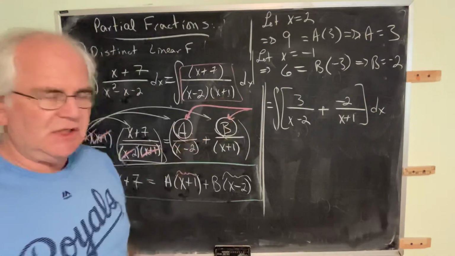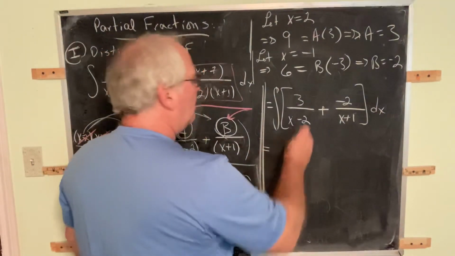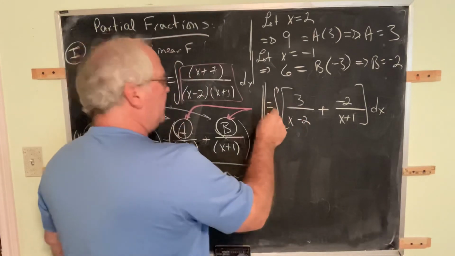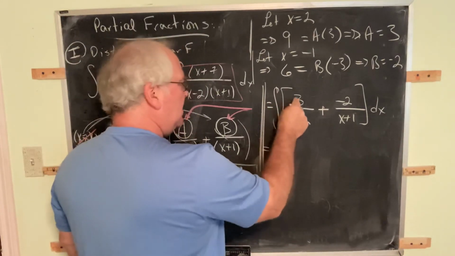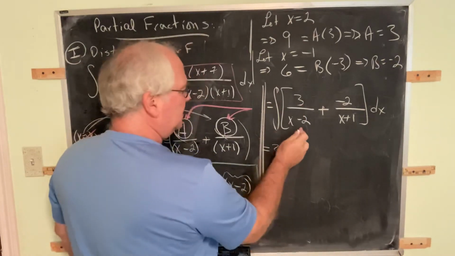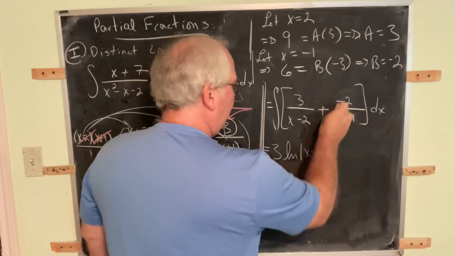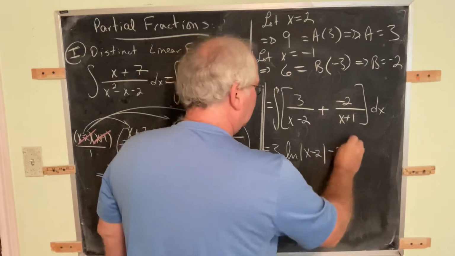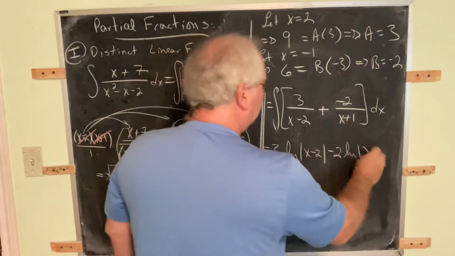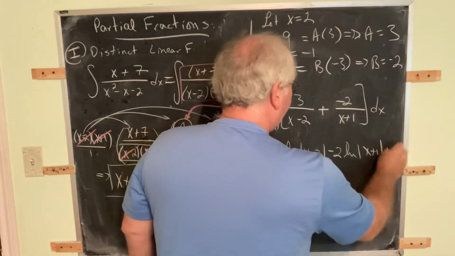Now, the rest of this is straightforward, because once we have the partial fractions, we can do the antiderivative. Constant multiplier multiplies along. This is the natural log form. And then constant multiplier multiplies along. This is also the natural log form, and we're out.